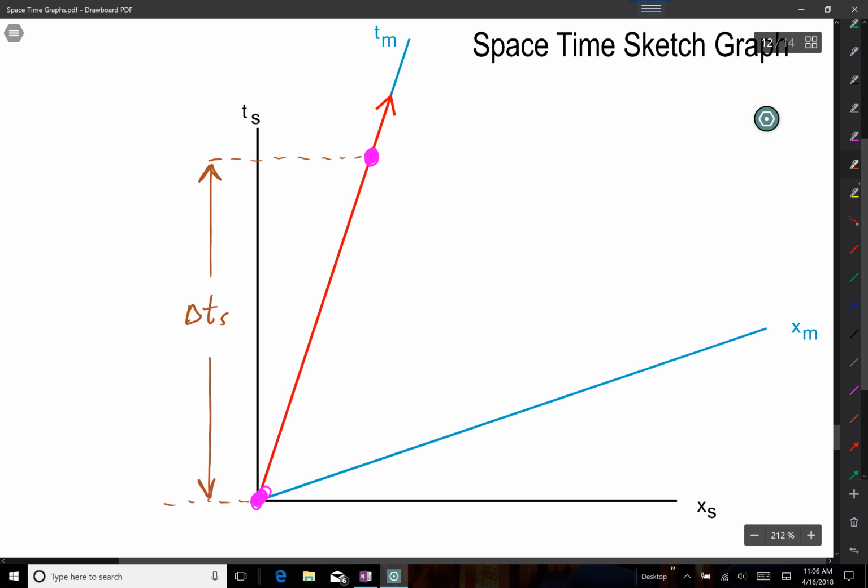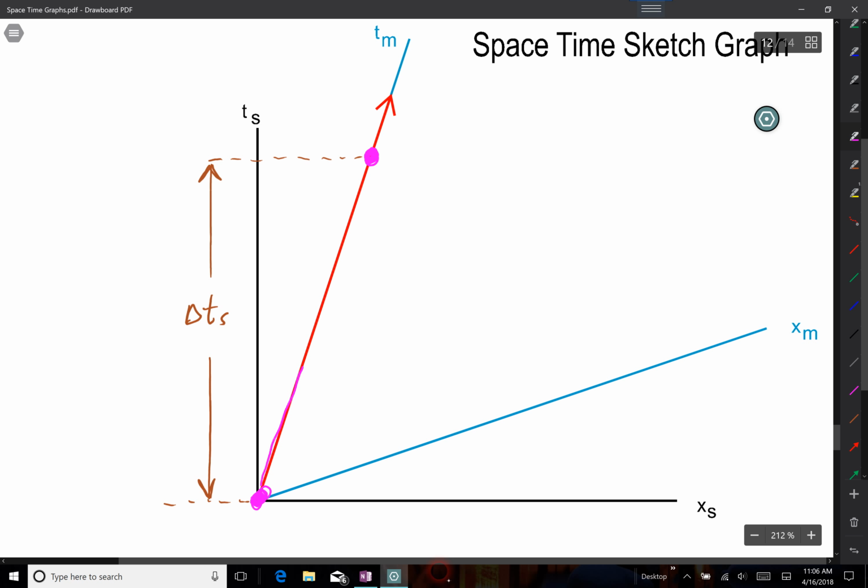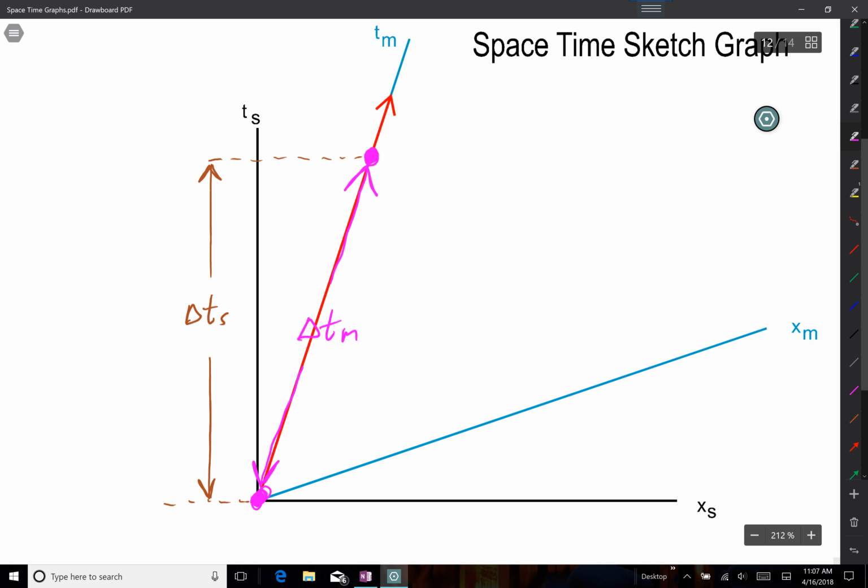That's a delta TS, okay? And that's going to be measured by the clock that's stationary, say the watch or the clock at the guy's home. It's not moving, it's stationary. This time from here to here, that's a delta TM.